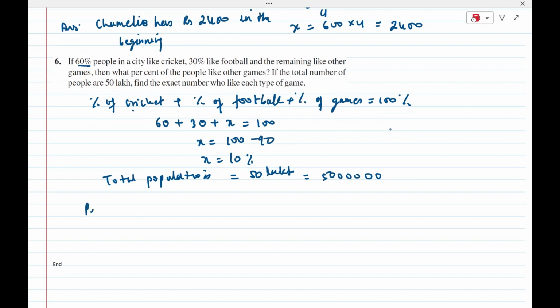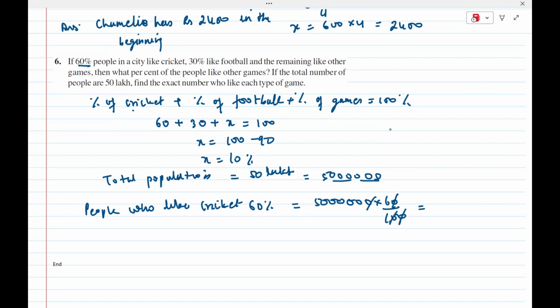So people who like cricket is 60%. So 60% of 50 lakhs, that is 60 upon 100. So 10 and 10 cancel. 6 fives are 30, and remaining 5 zeros. It means it is 30 lakhs.